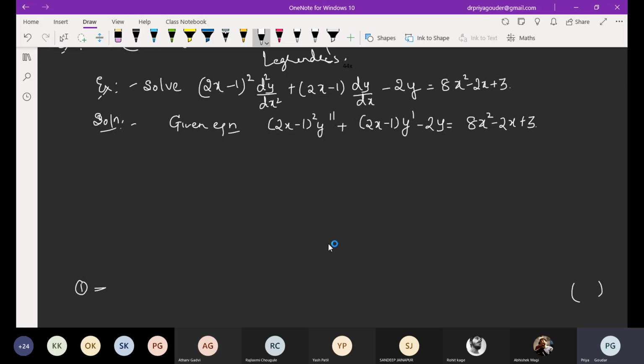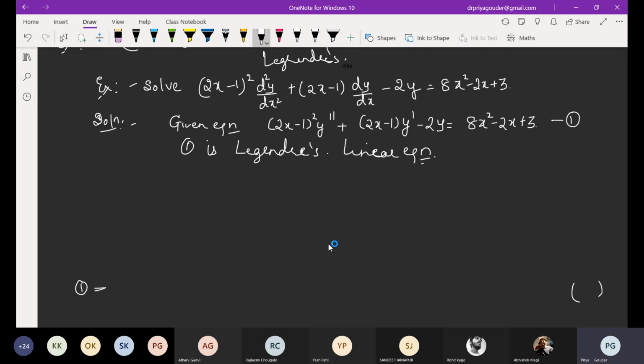Tell me, this belongs to which category? Which type of equation is this? Legendre linear equation.